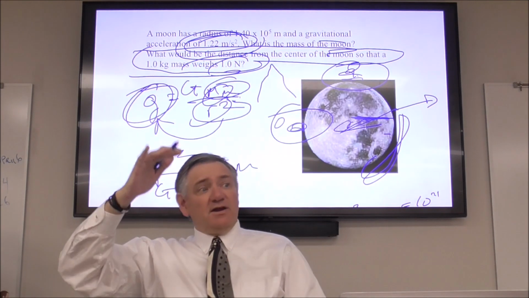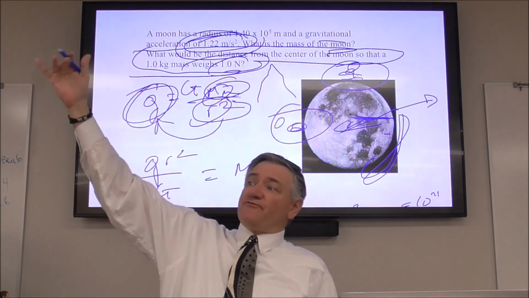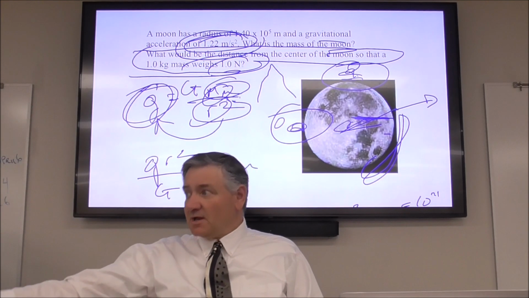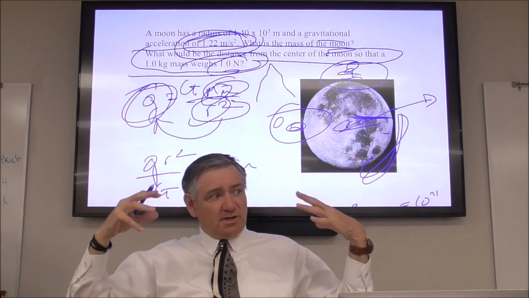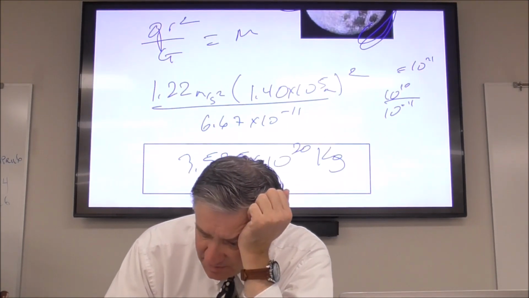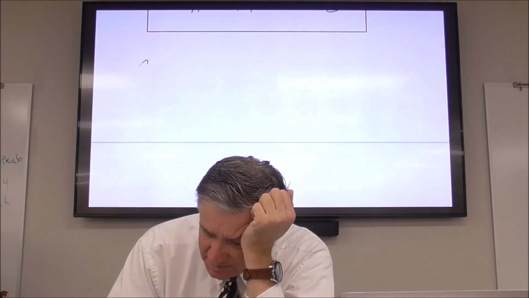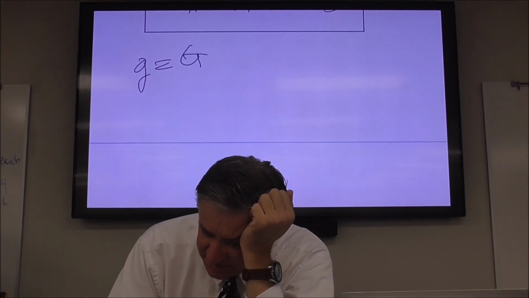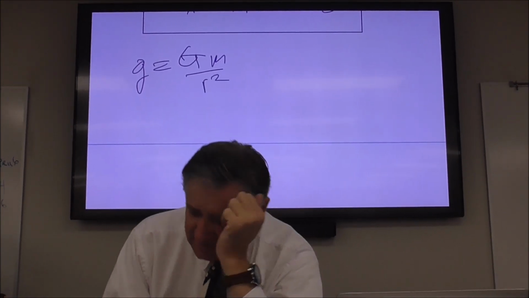So I've got to go at some distance away from the surface of the moon, so that way the gravitational field becomes weaker. Okay? So I'm going to use little g equals big G mass over r squared.